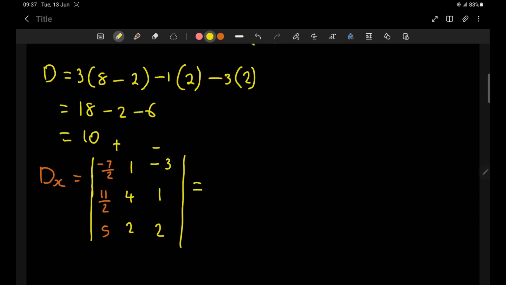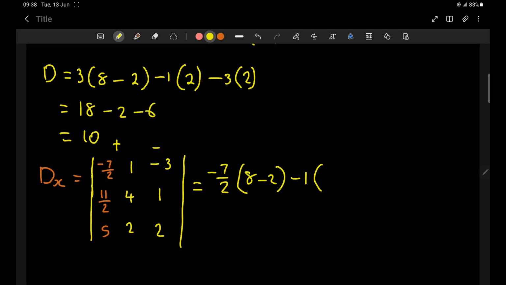We hold this column and this row, then multiply 4 by 2, and subtract 2 multiplied with 1, while maintaining the element 7 over 2. So 4 by 2 is 8, then 2 multiplied with 1 is minus 2, then minus 1.